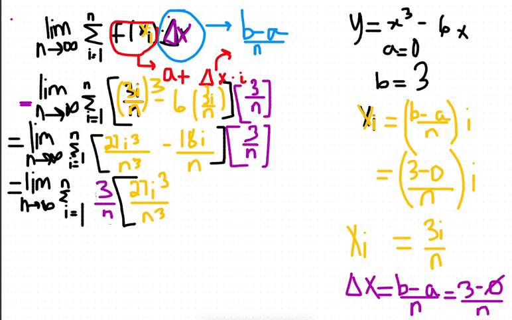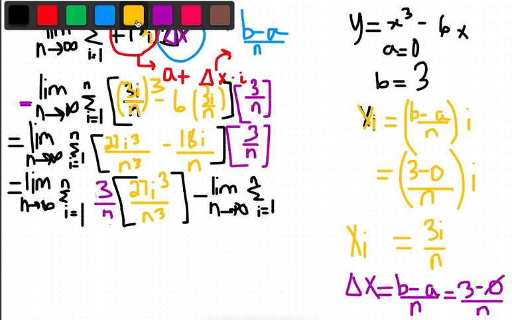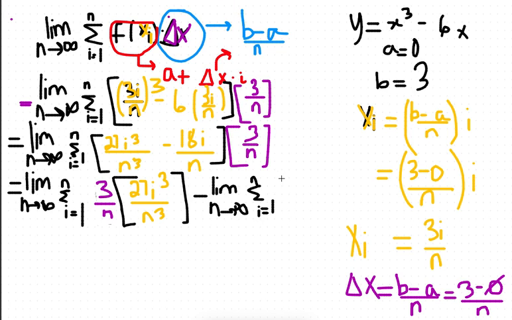So we have this minus the limit, and now I'm going to bring the 3 over n into this as well and multiply it by this 18i over n. You don't have to put negative 18i over n because we already accounted for the negative right here.